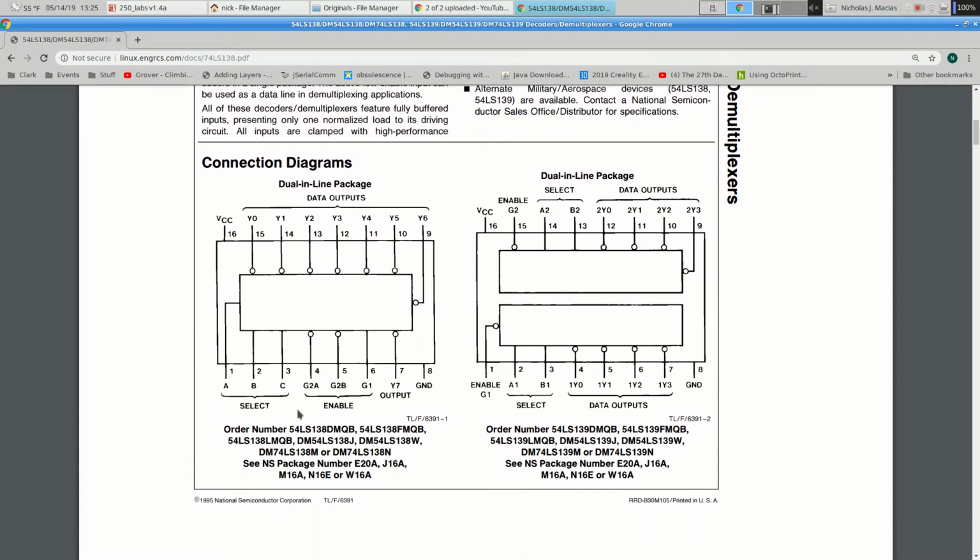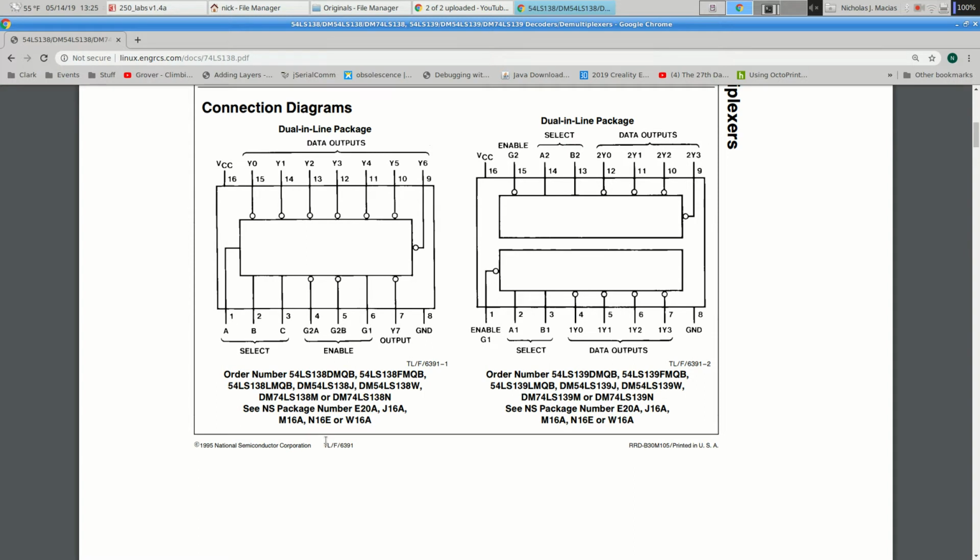This is the 74 series. This is the 139 on the right, so we want the one on the left. All right, it's got 3 inputs which are called select, A, B, and C. That chooses which of the 8 outputs to activate. The outputs are Y0 through Y7. So these are going to be your 3 inputs. One of these 8 outputs is going to be selected depending on what value you put in the select. Power and ground, pins 16 and 8 as usual. 3 enable inputs.